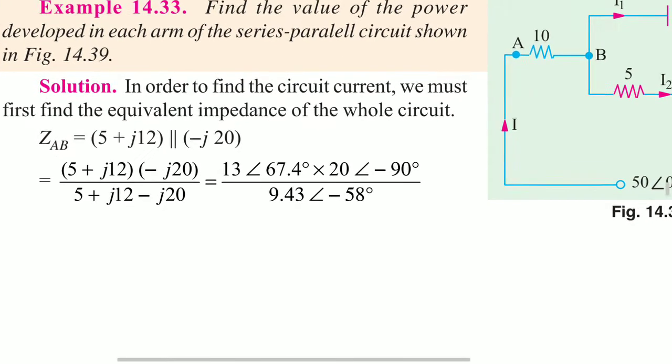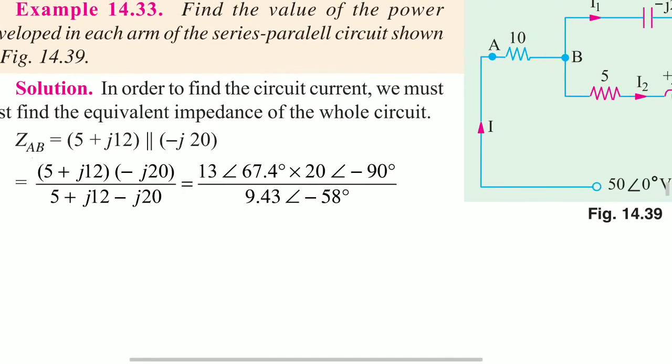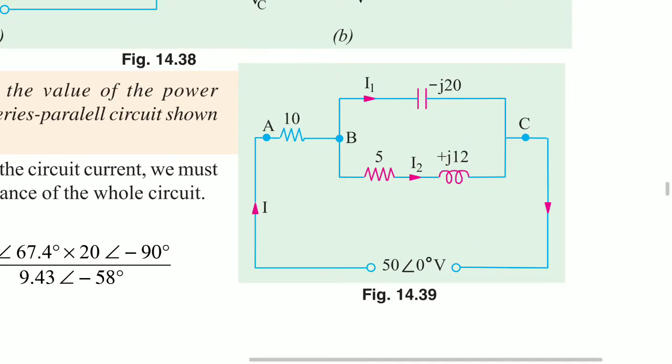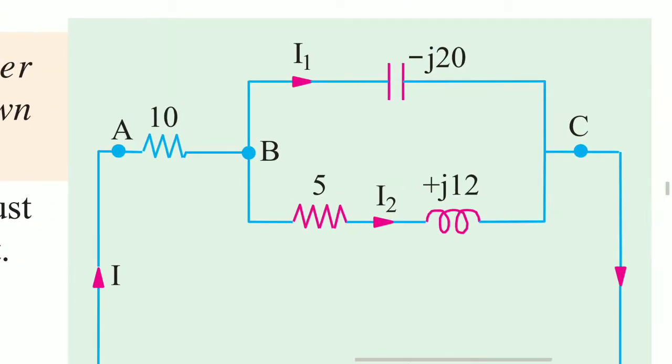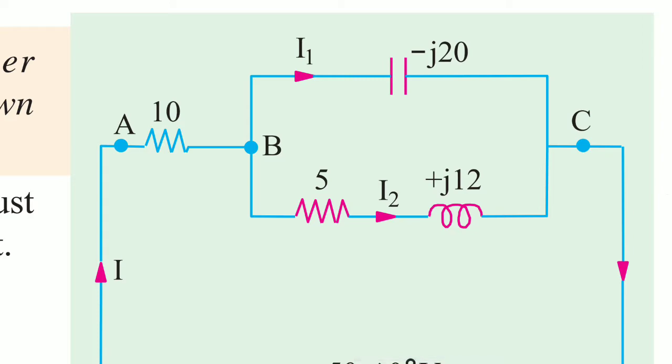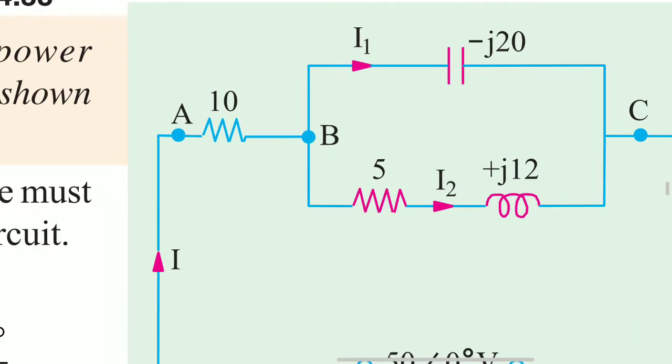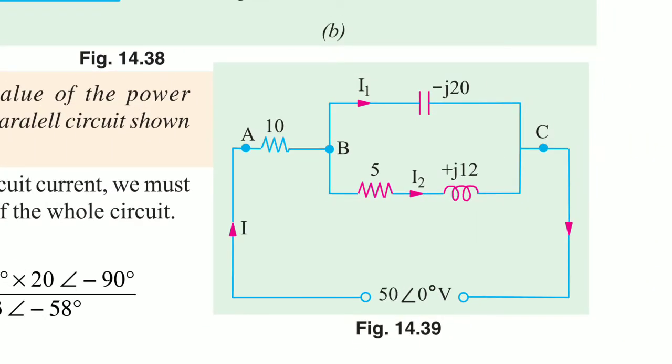Observe here, in the BC branch, branch 1 and branch 2 are in parallel. This parallel resultant is in series with the AB branch.